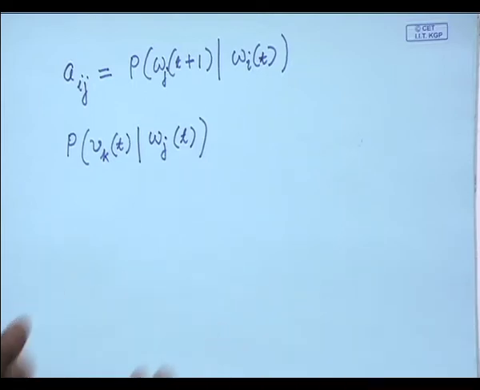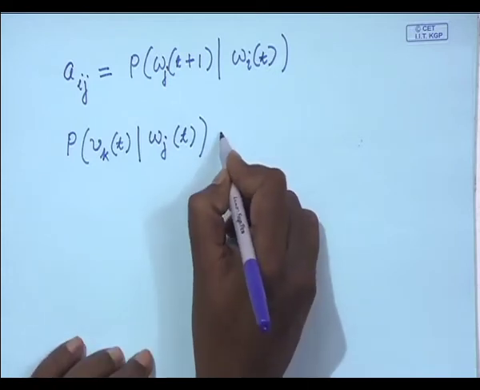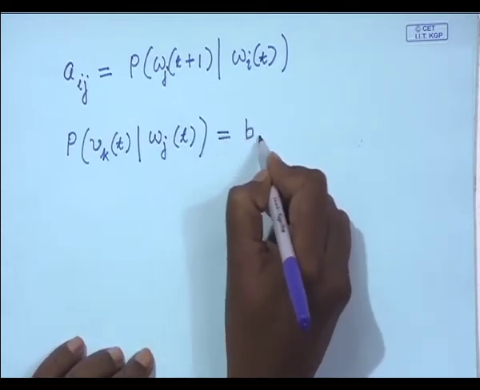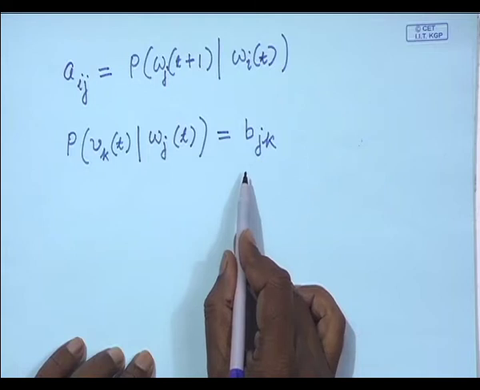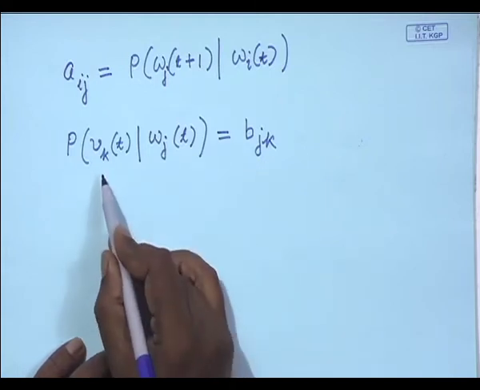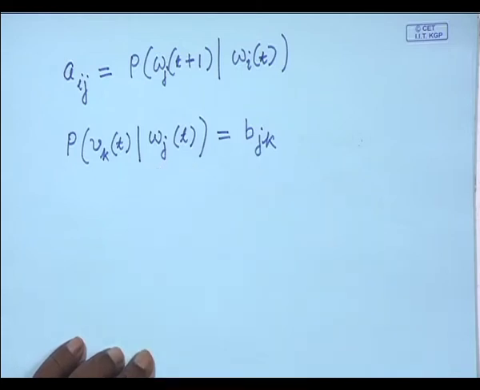So, while in the hidden state omega j at time step t, the machine outputs a visible symbol V k with a probability given by P of V k t given omega j t, and this probability is usually represented by b j k. So, this is the probability that the machine emits a visible symbol V k from state omega j. So, this is what b j k is.